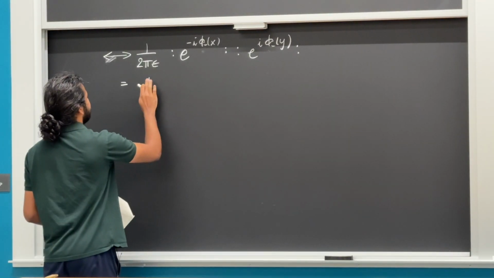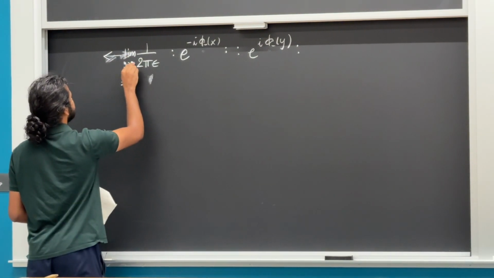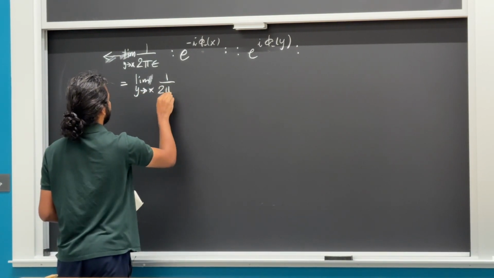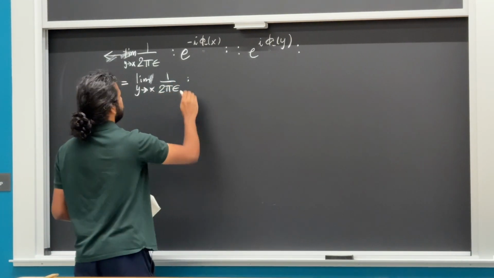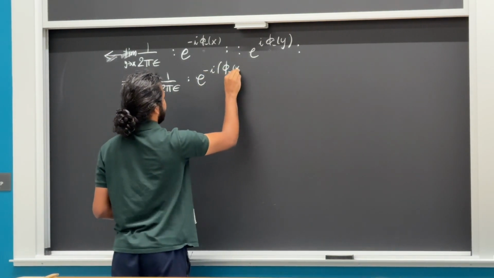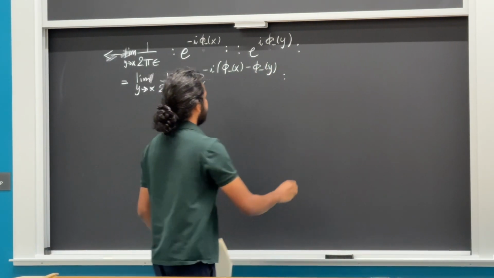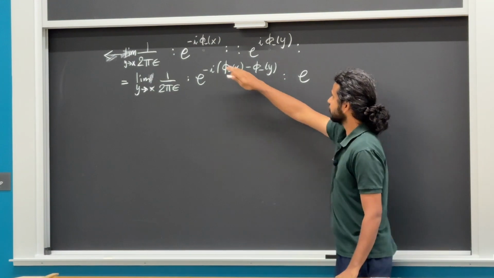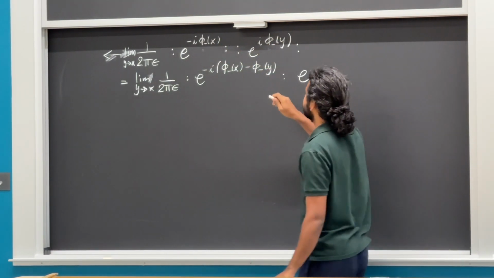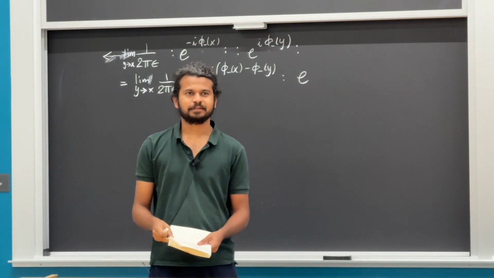We're going to do exactly the same here. If I put them together, I just have e to the minus i (phi minus at x minus phi minus at y), and then e to the power of the normal ordered correlation function between these two. This is again a result that we derived last lecture.